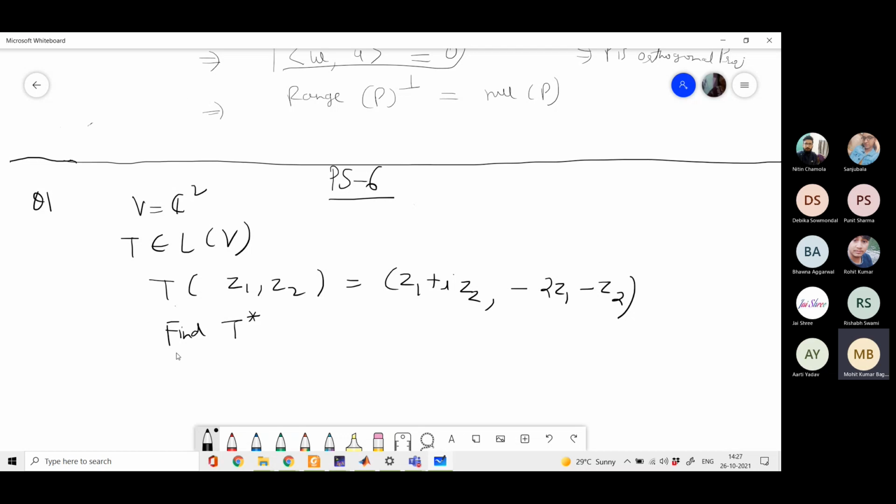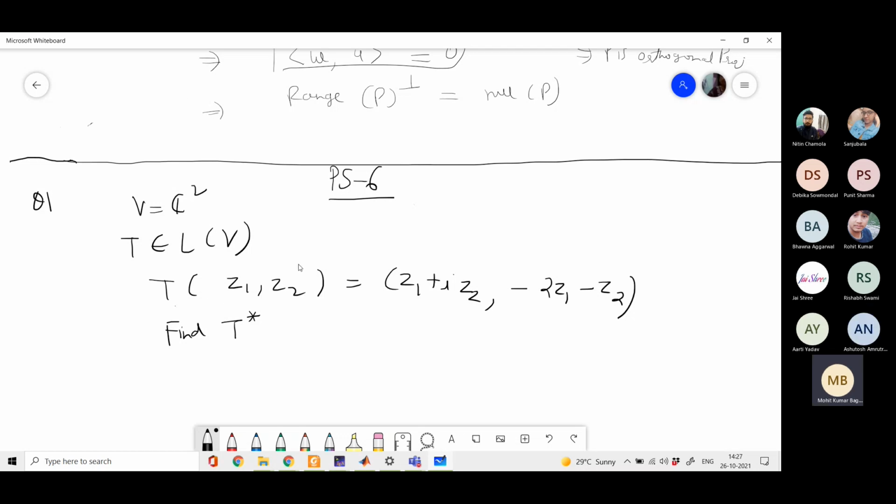So can you quickly remind everyone, what do you mean by adjoint of a linear operator? Because that is what you're supposed to find, right? Please, anyone, feel free to tell if you know.